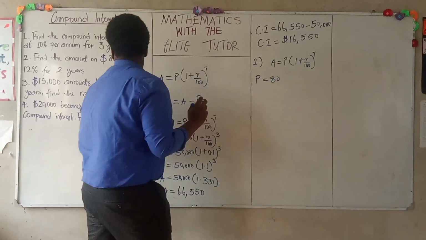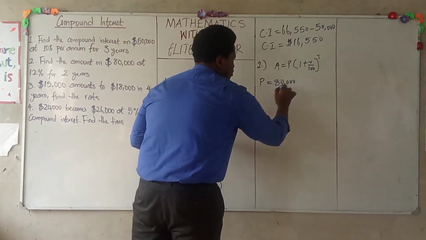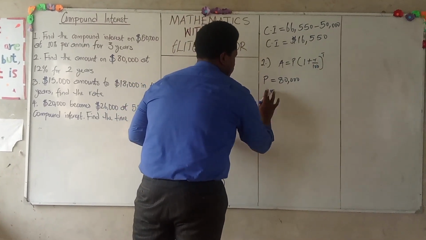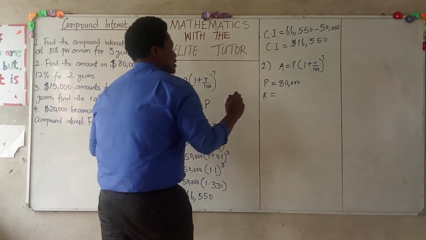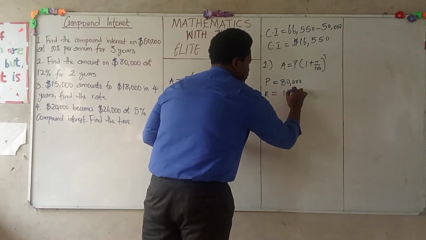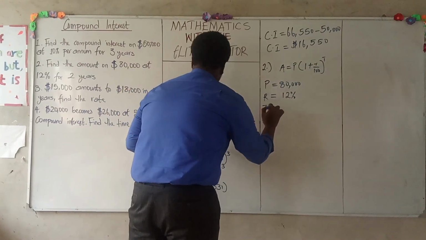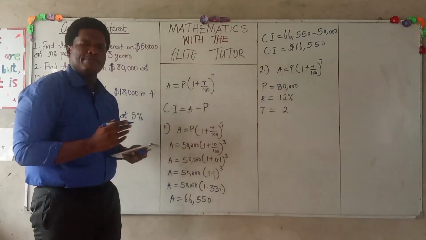Our R, our rate, is 12%. And finally, our time is 2. So these are our parameters.